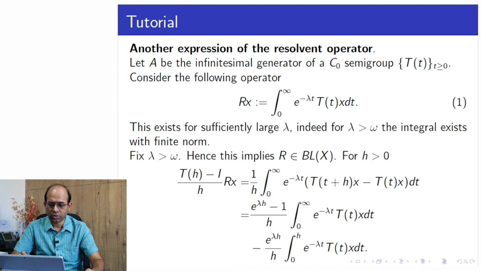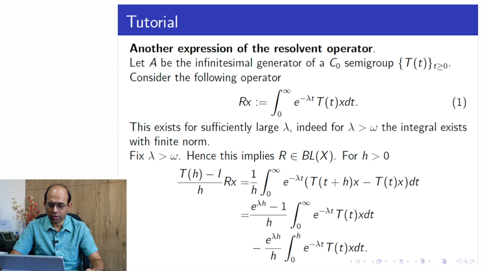And the identity map is there, so minus R, so it is exactly the same: e to the minus lambda t T_t x, minus e to the minus lambda t T_t x. This comes from the identity operator, and 1 over h is outside. So this left hand side expression is written on the right hand side.